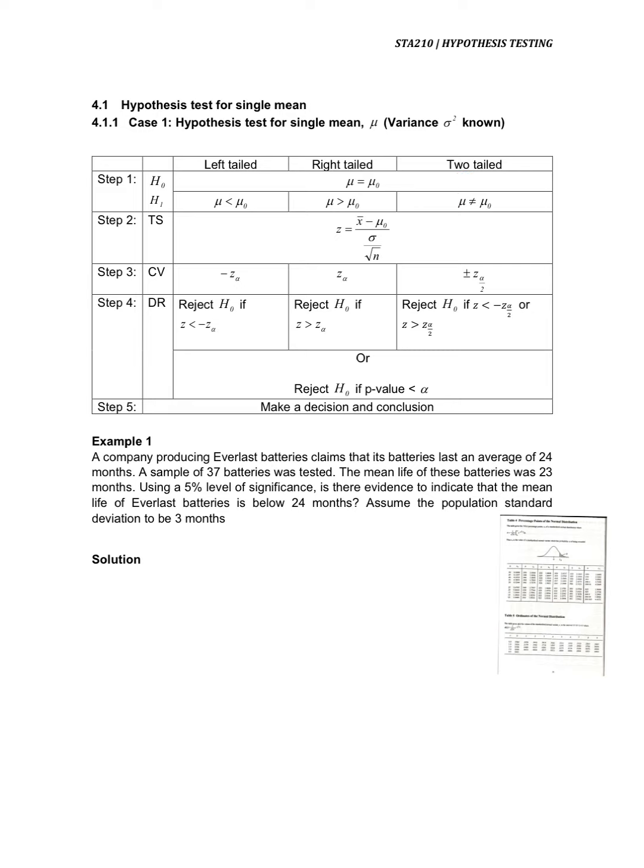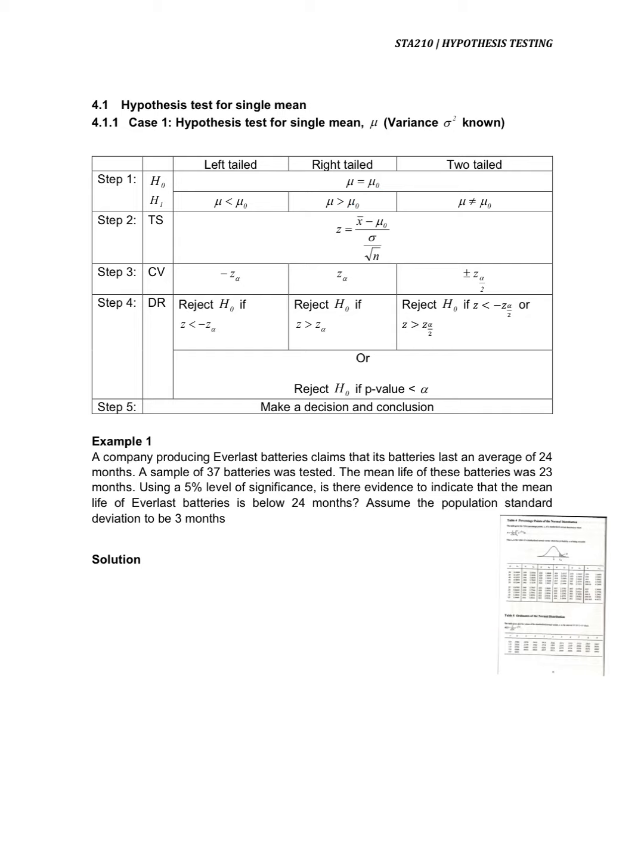But for the null hypothesis, there is only one kind of H0 that you can use. Since we want to test on mu, our null hypothesis is written as mu equals mu naught. Mu naught here can be any number.